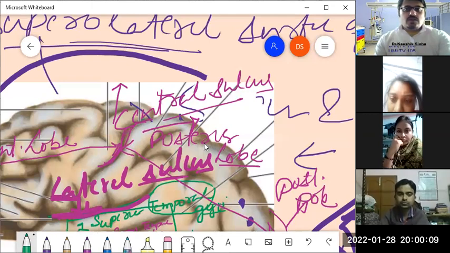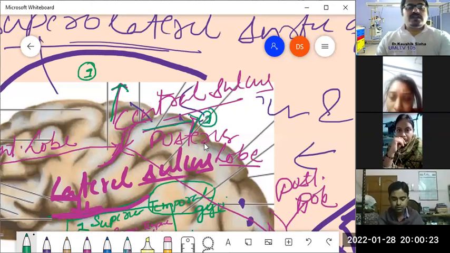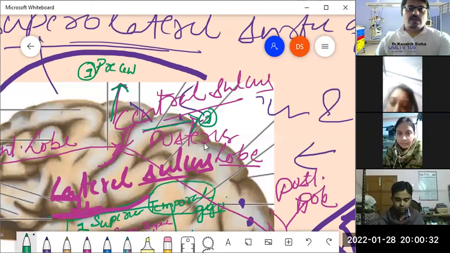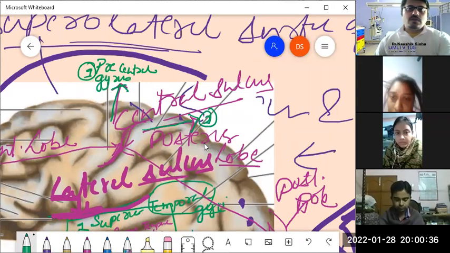So using the color for the gyrus again, I'll mark this in green color. Temporarily I would call this 1 and the other 2. Since this one is present immediately anterior to the central sulcus, this gyrus is known as the pre-central gyrus.